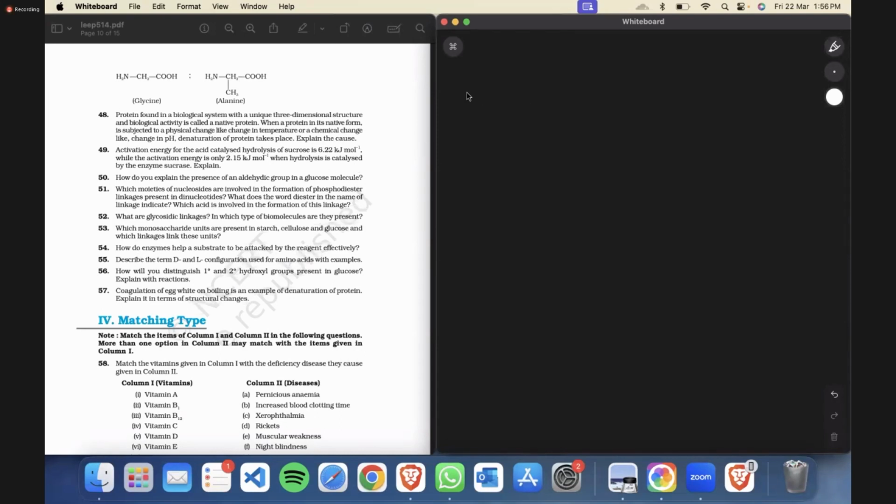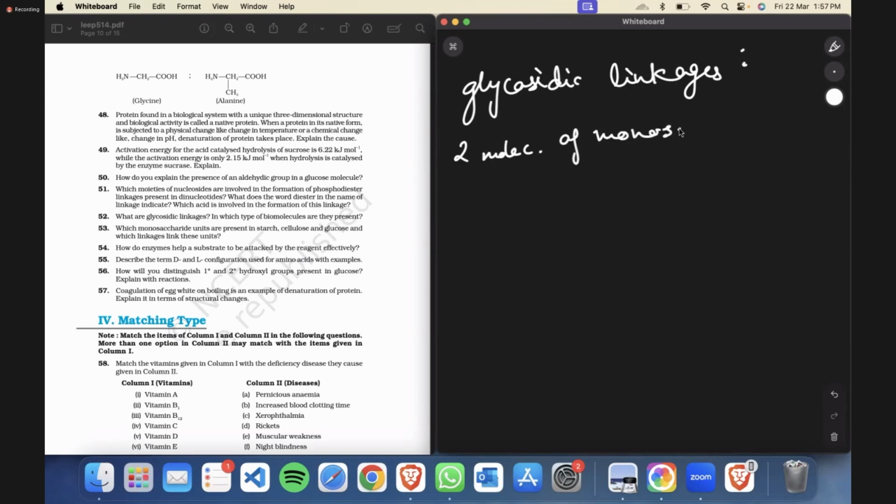We have to note it down. Glycosidic linkages: when two molecules of monosaccharide are joined by an oxide linkage by the loss of water.